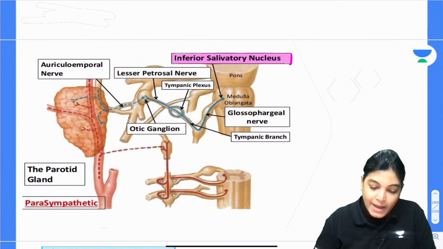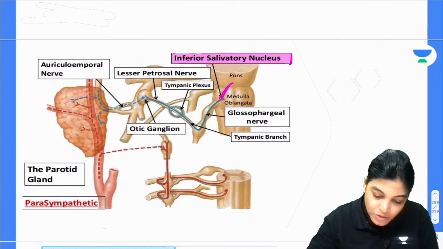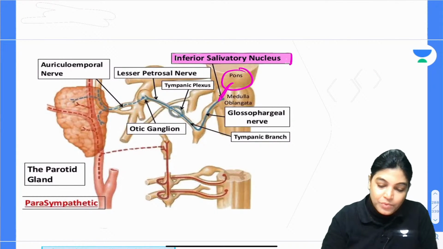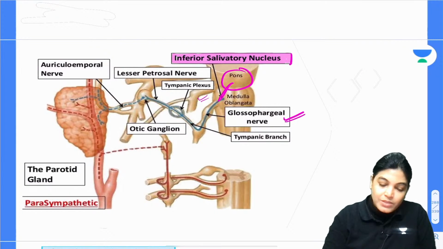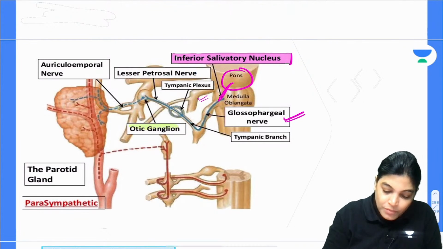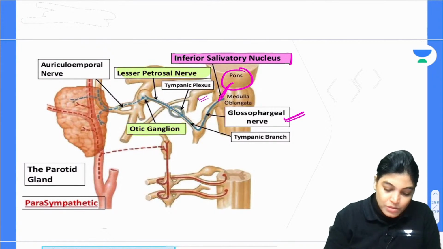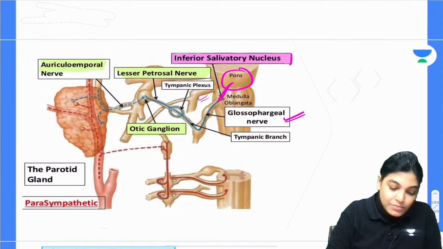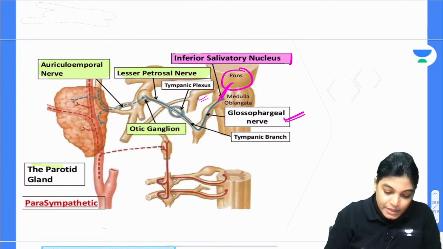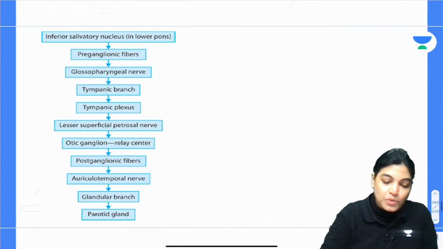It takes origin from the part of the pons, and from here it traverses along the glossopharyngeal nerve, tympanic branch and tympanic plexus, and these fibers relay into the otic ganglion. From here the fibers pass via the lesser petrosal nerve and then via the auriculotemporal nerve give secretomotor innervation to the parotid gland.